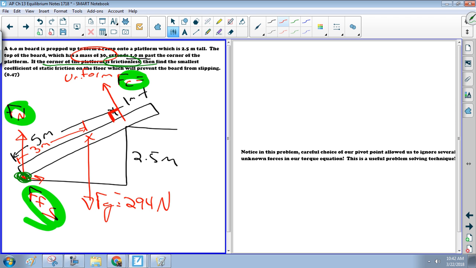To help justify it, hypothetically, suppose that this corner suddenly just disappeared. What would the board do? It would pivot around that point, right? Does that make sense? Does that help at all? Yeah. It doesn't make sense how it's sliding? Is that what you said?